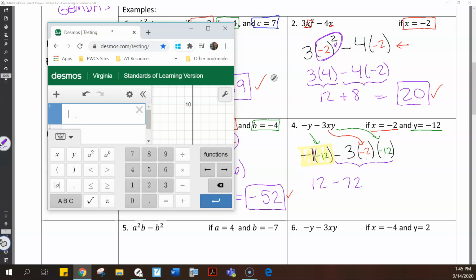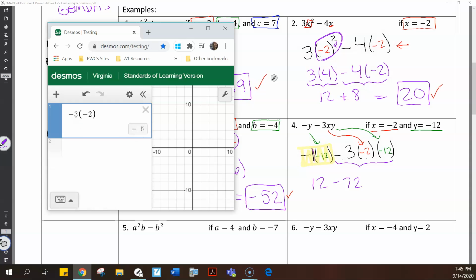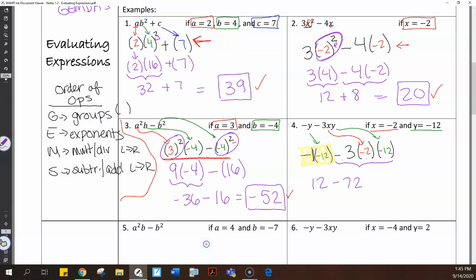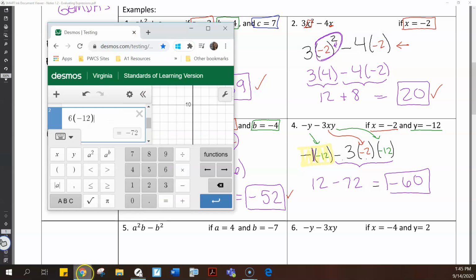For the record, it would have been the same if you did -3 times -2, which gives you -6, and then you did 6 times -12, which would also give you -72. Okay, you can do them all at once, or you can do them in pieces. 12 minus 72 is going to give me -60 for my final answer.